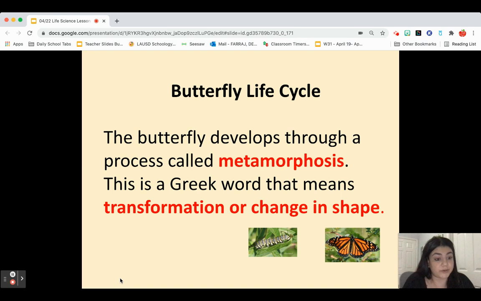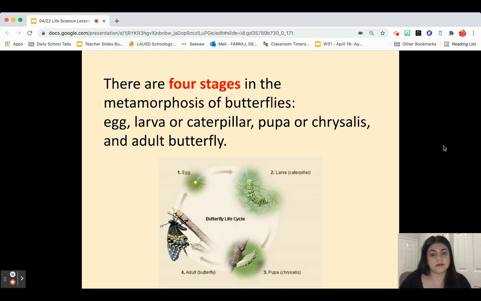This is a Greek word that actually means transformation or change in shape. So the word metamorphosis comes from the Greek language, and it means transformation or change. Well, we are talking about the change of the caterpillar, the change in the butterfly. How does it transform into a different stage?